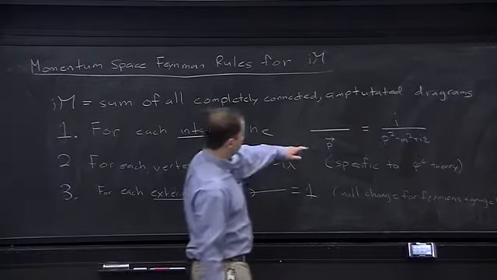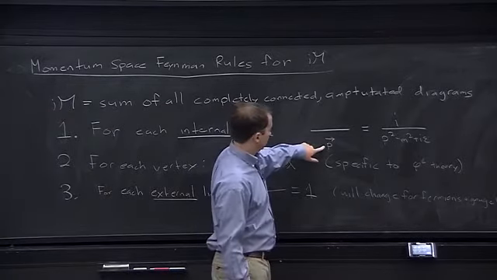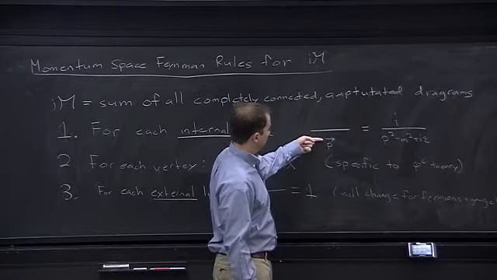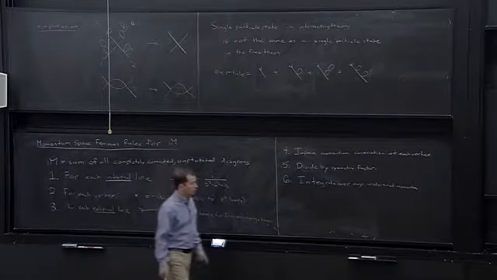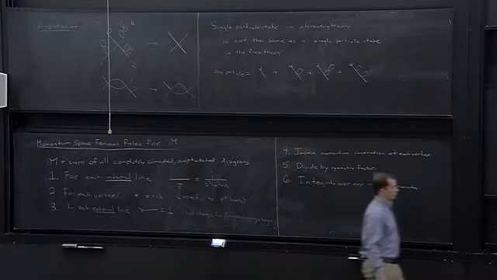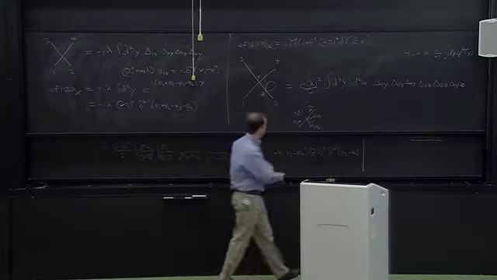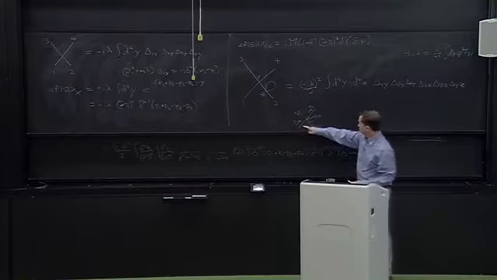So notice that I have indicated the flow of momentum using arrows that are not on the lines. There are no charges in phi-4 theory, but usually, over here again, I've used the arrows next to the diagram to indicate the flow of momentum.